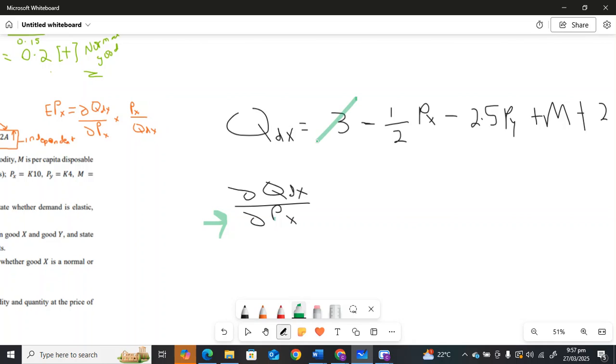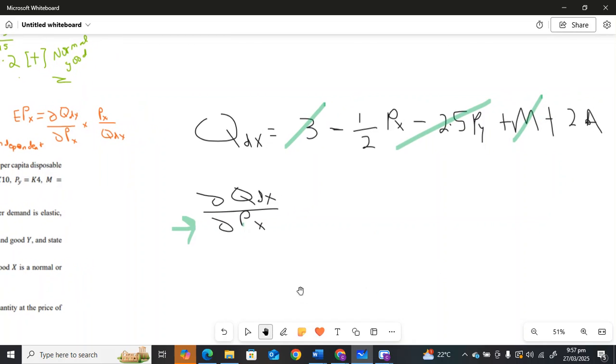This 3 doesn't have a px, it goes. This negative 2.5 doesn't have a px, it goes. M doesn't have a px, it goes. 2A doesn't have a px, it goes. The only one that has a px is this negative half px.